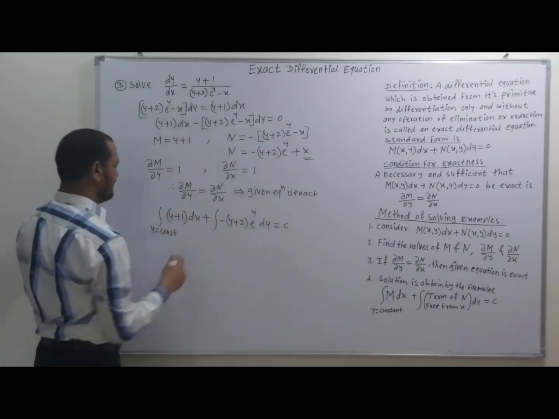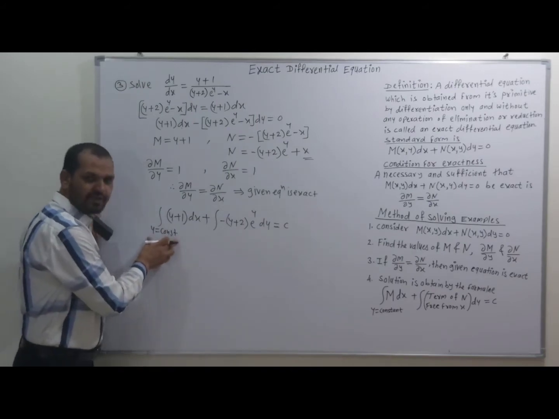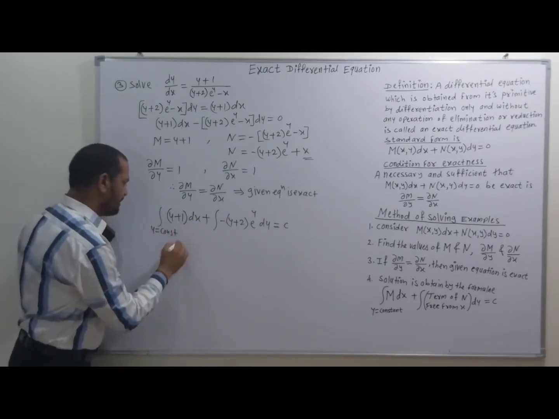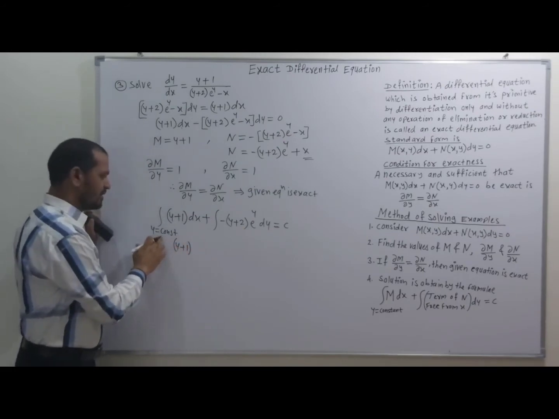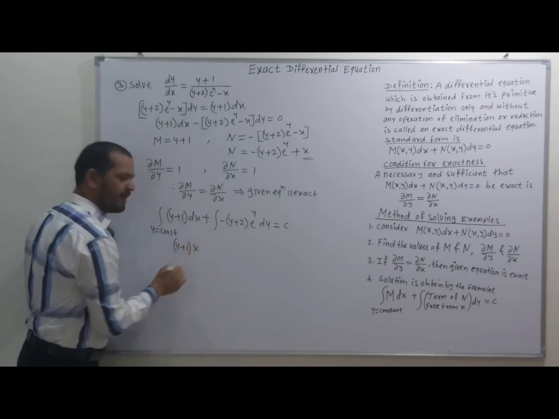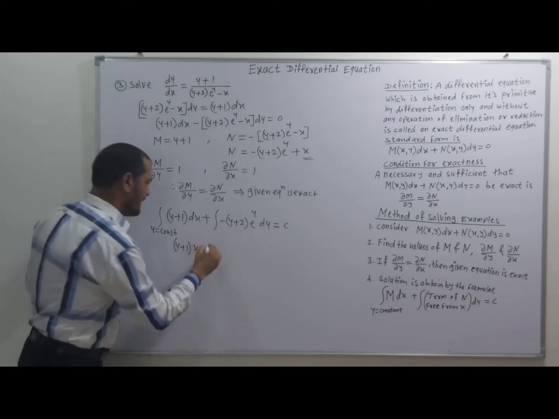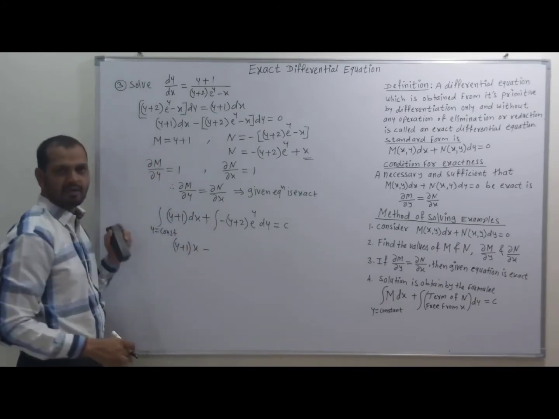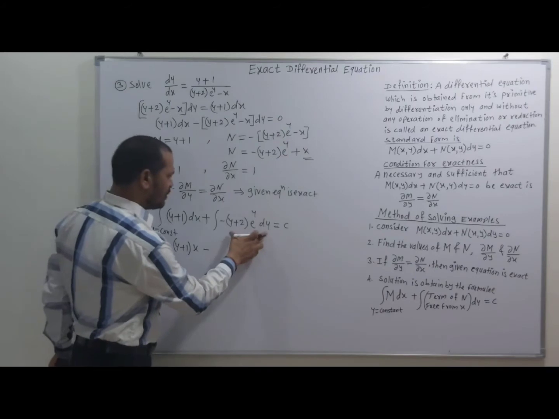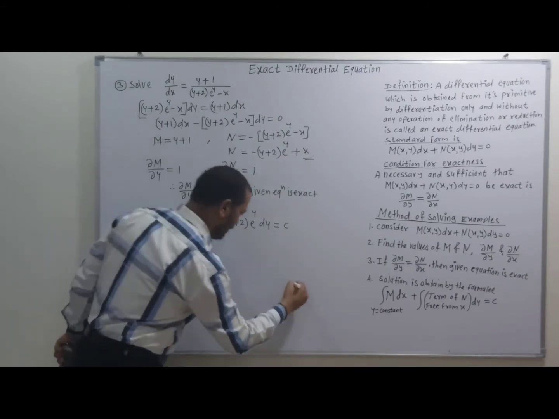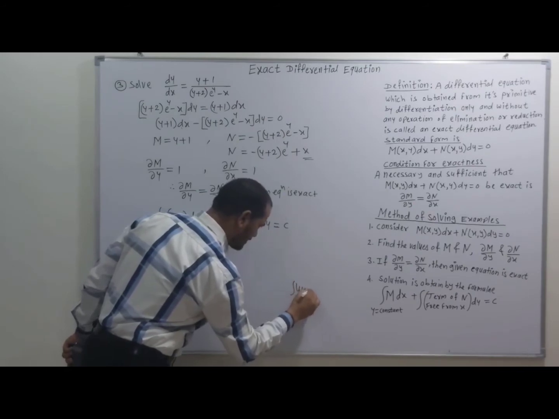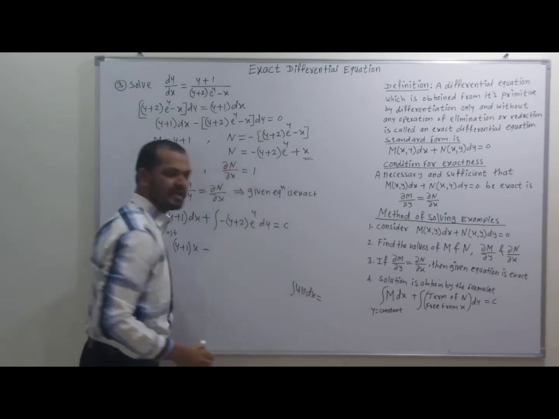Now just simplify this. In the first integration, the term y + 1 is constant because y is constant, and the integration of 1 is x. Then we can take this minus sign common, and here two terms are there. To find the integration of these two terms, we use the general rule for integration by parts.